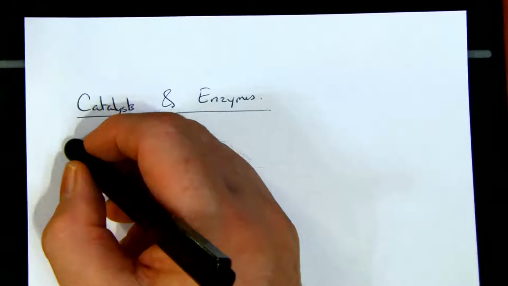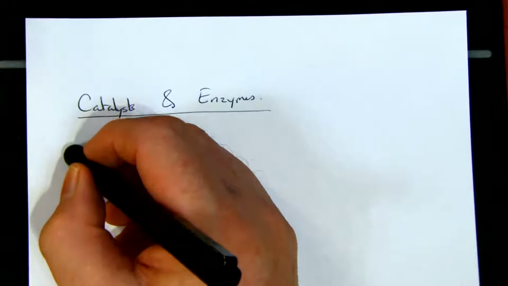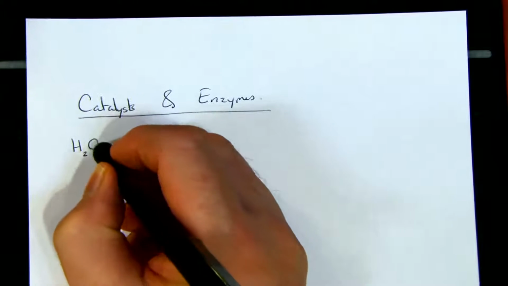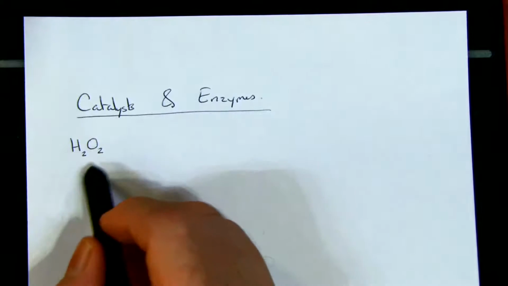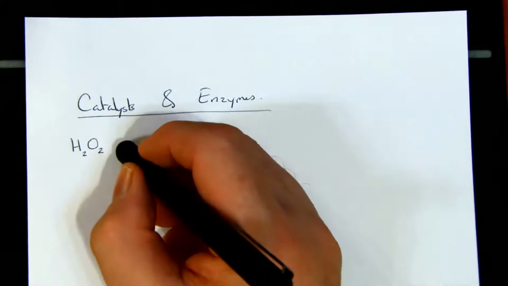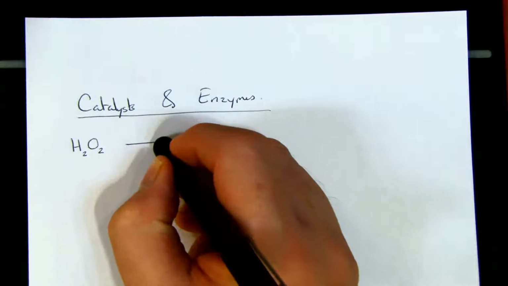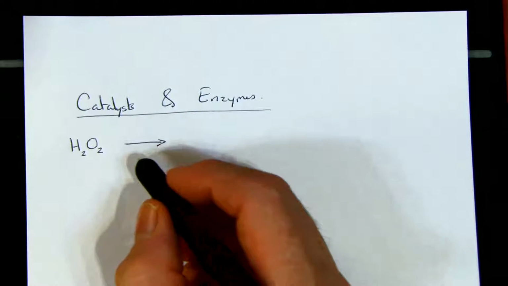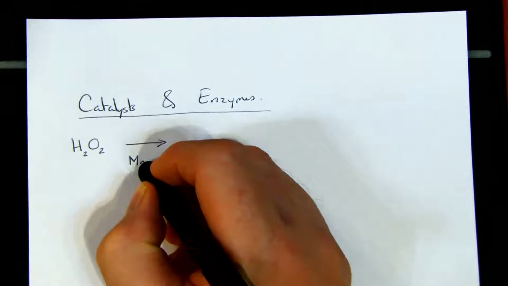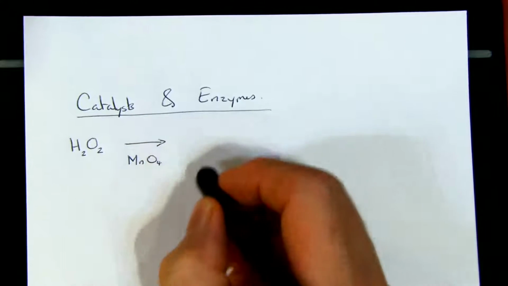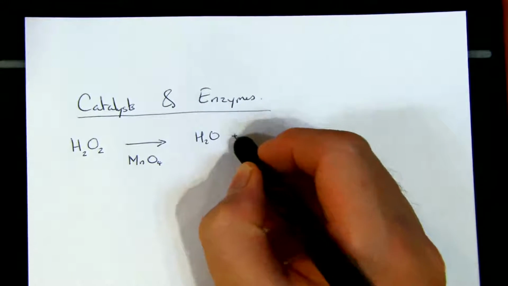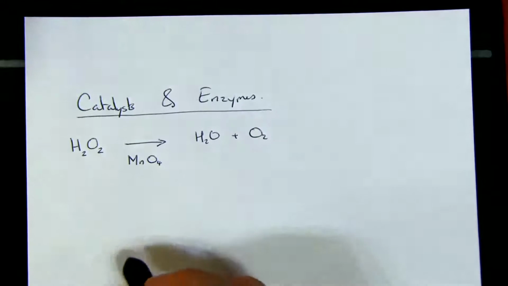We're going to have a look at an experiment involving hydrogen peroxide, H2O2, a rather peculiar and dangerous substance. And what we're going to do with this is add a catalyst, one called manganese dioxide. And this will make water plus oxygen.